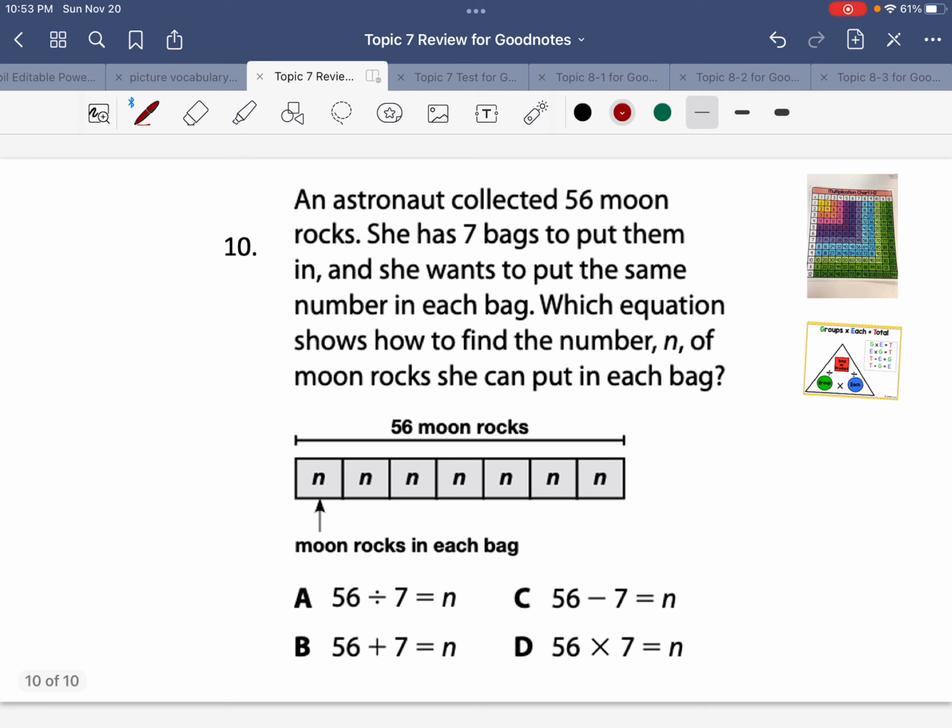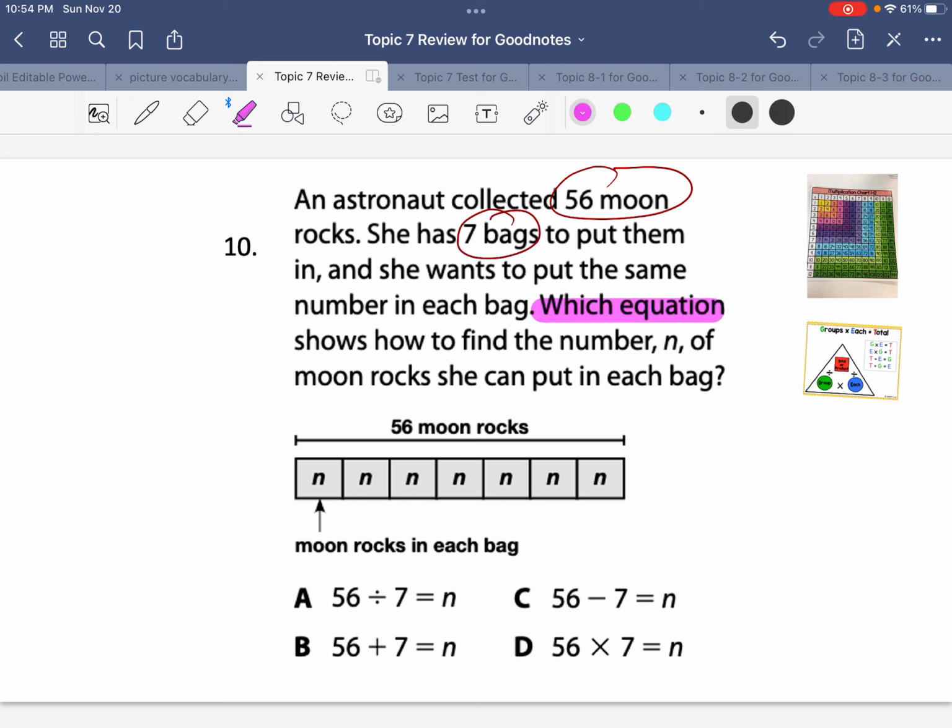Okay, number 10. An astronaut collected 56 moon rocks. She has 7 bags to put them in and wants to put the same number in each bag. Which equation shows how to find the number n of moon rocks she can put in each bag? So I'm going to do my cubes. 56 moon rocks, 7 bags. Underline my question.